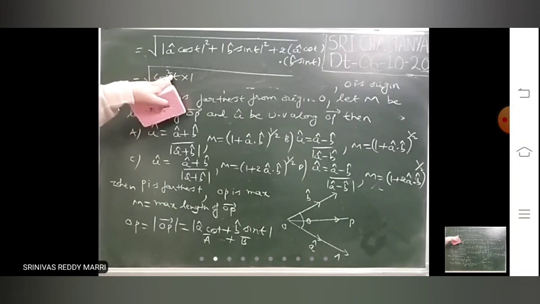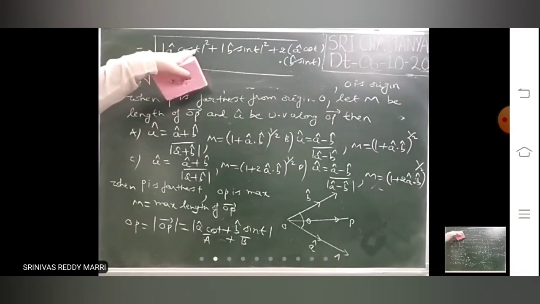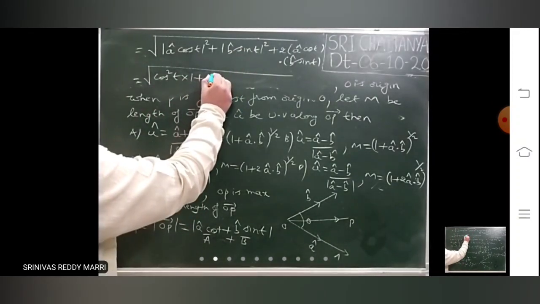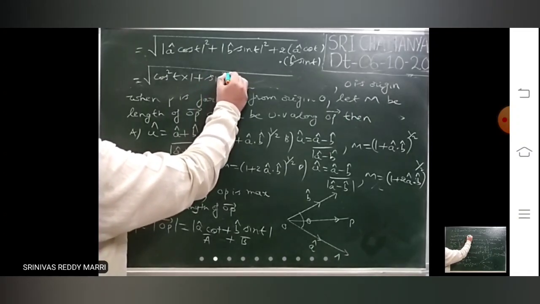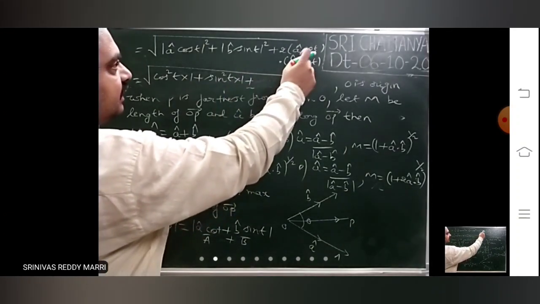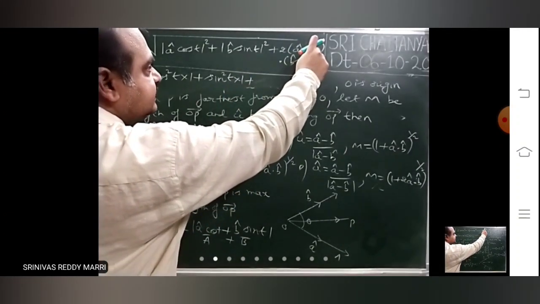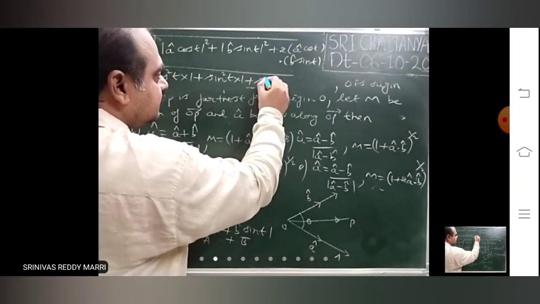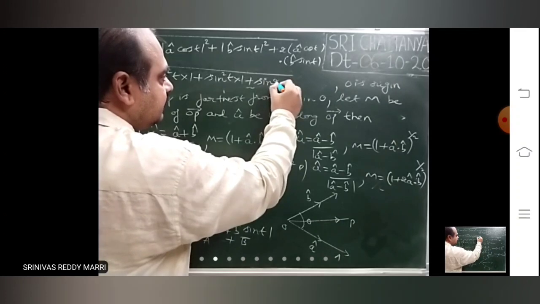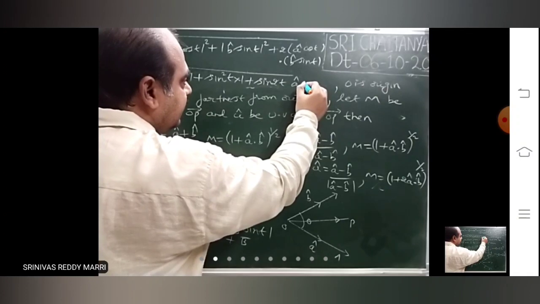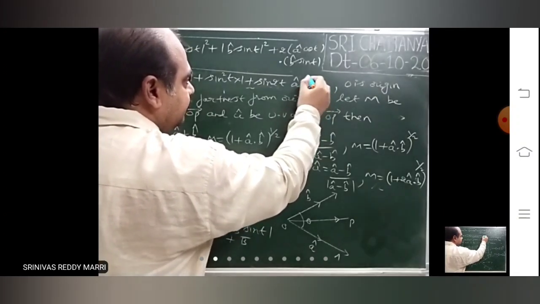Just like that, sin square t into modulus B cap whole square is 1. Look at this, this is a scalar. So 2 cos t sin t, that means sin 2t into A cap dot B cap.